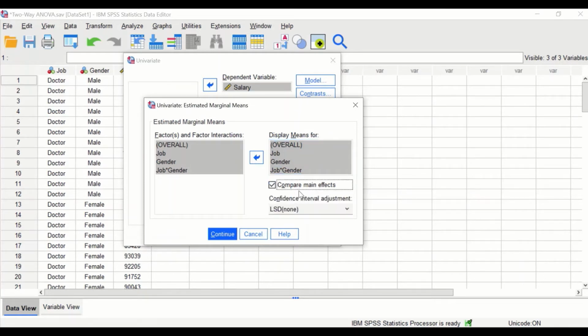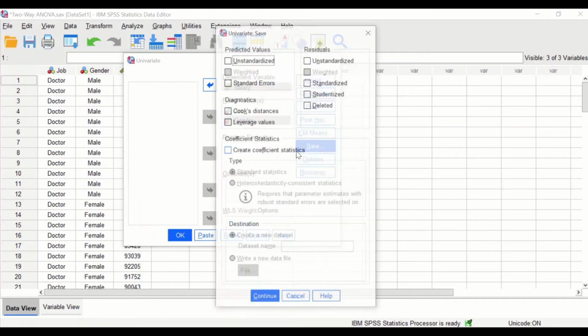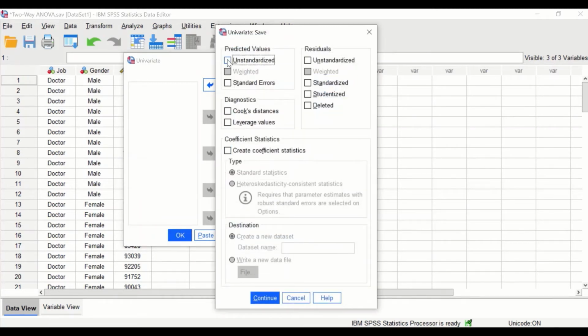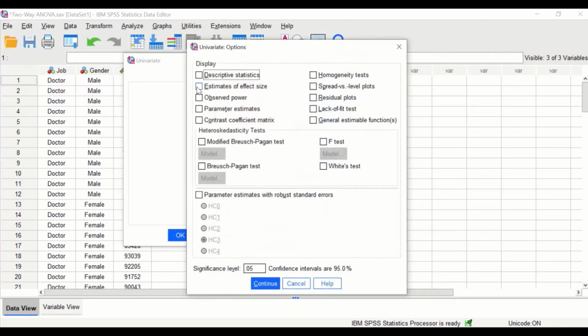And for compare main effects, select the LSD, click on Continue, click on Save, and then take the unstandardized. Click on Continue, and for options, click on Descriptive Statistics, Homogeneity tests for ANOVA assumptions, and estimates of effect size.